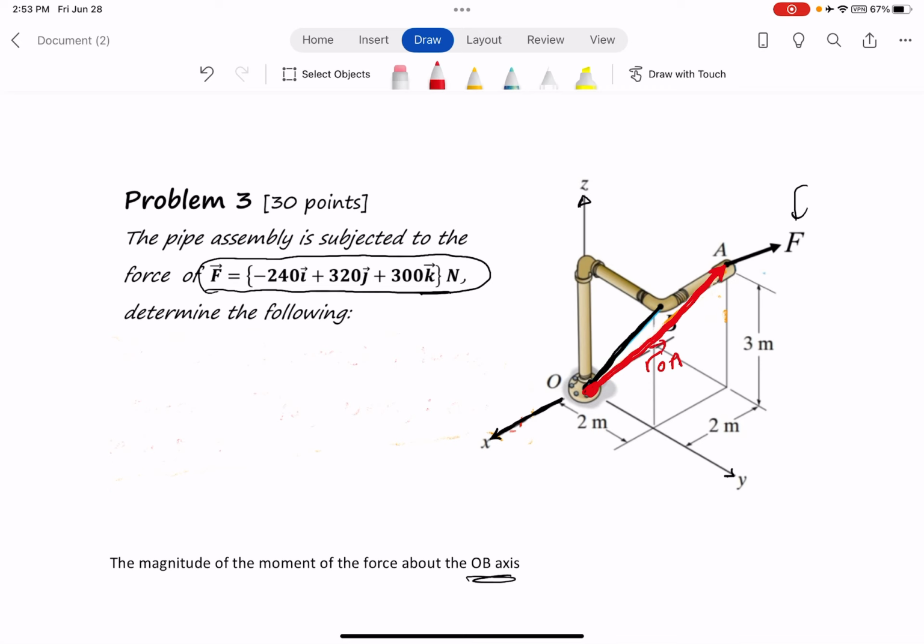Remember, if you want to find the moment around an axis, we need to find the unit vector of that axis. So what is the point O? The coordinate 0, 0, 0 meter. Now we need to find the next one. It is the point B, which is the point where we're going to be taking the position vector.